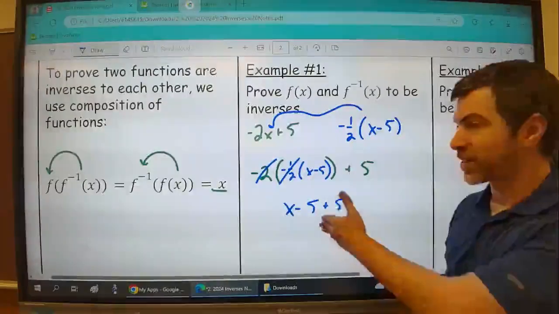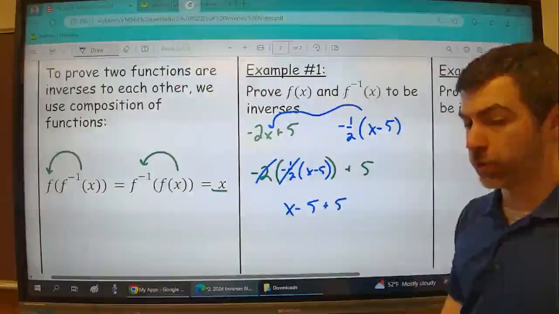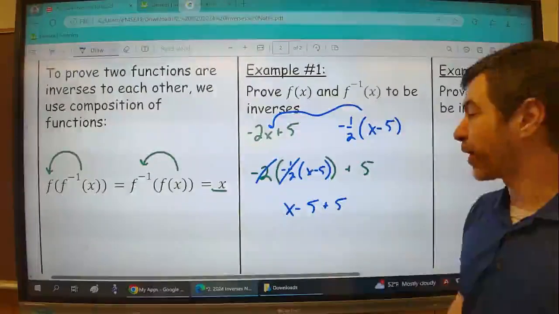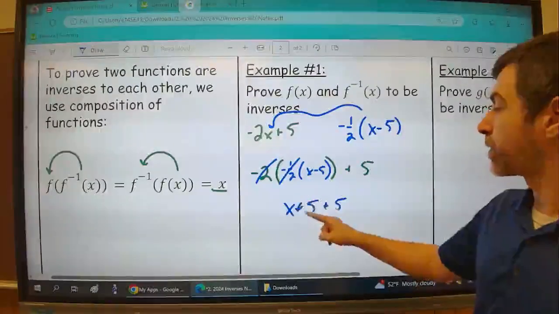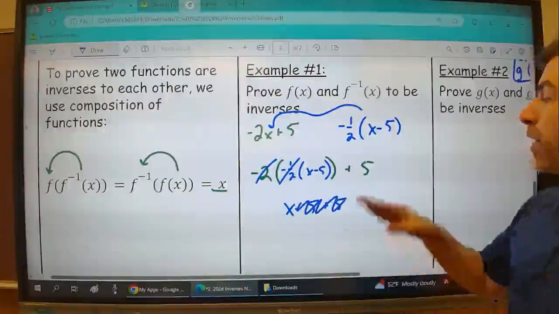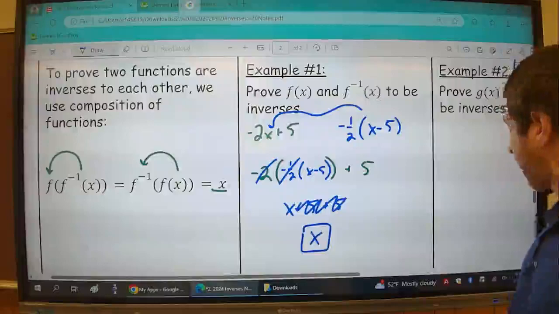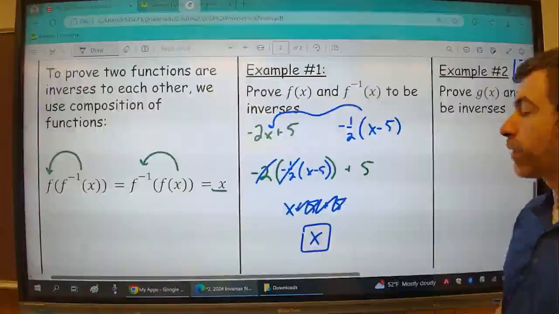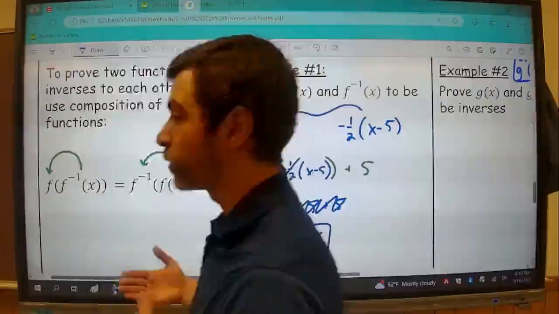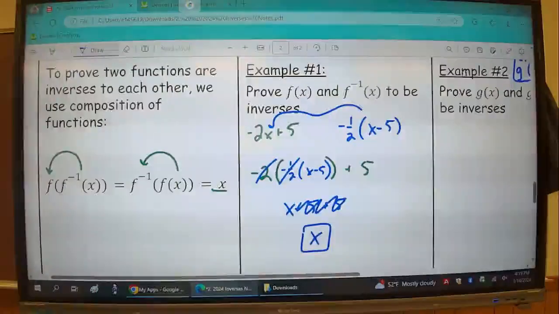Well, if I take a number and subtract 5 from it and then add 5 to it, I've done nothing. It's 0. It cancels out. It turns out that all that's left is just x. I know those two are inverses because when I plugged one into the other, I got just x back.